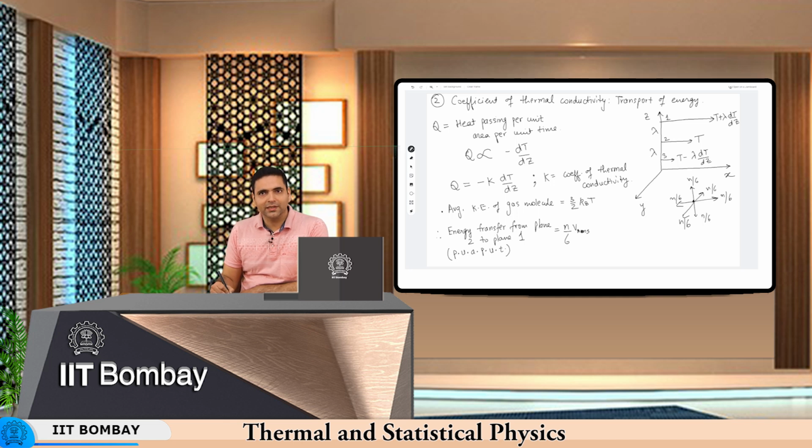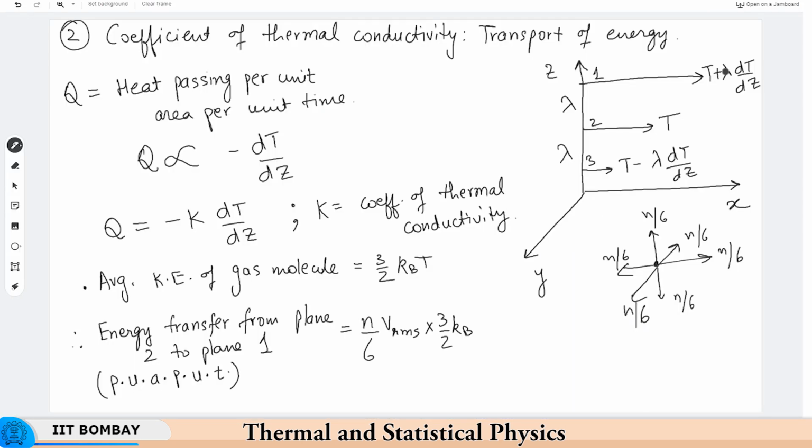This is the number of gas molecules moving per unit area per unit time, multiplied by the energy, 3 by 2 kB, and the temperature difference here, which is T plus lambda dT by dz minus T, right. So, this is the heat transfer from plane 1 to plane 2.